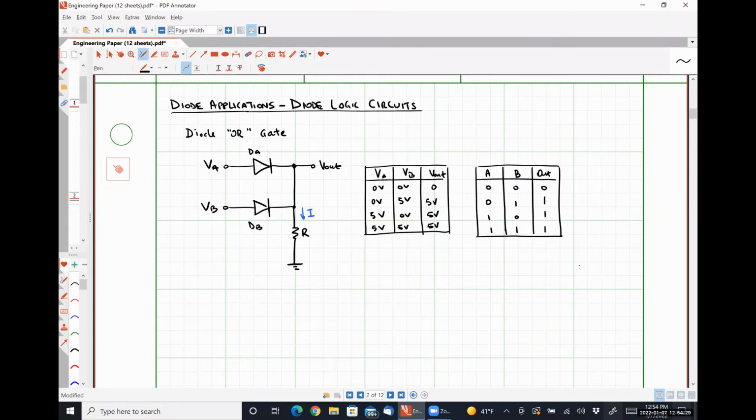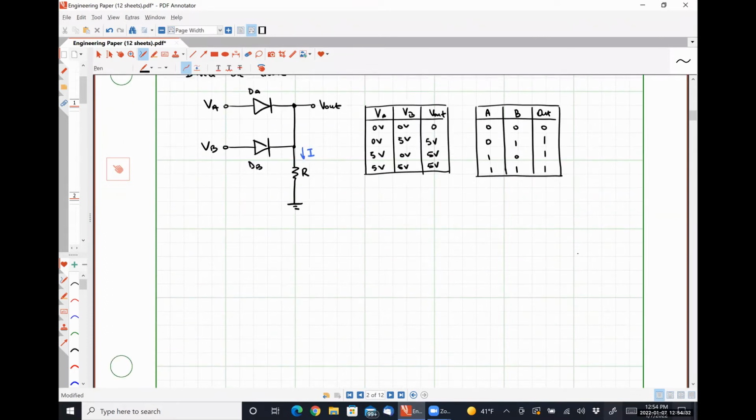Now let's talk about the AND gate. It'll be very similar. We'll take our output at this leg of the resistor. So VA over here, VB over here.